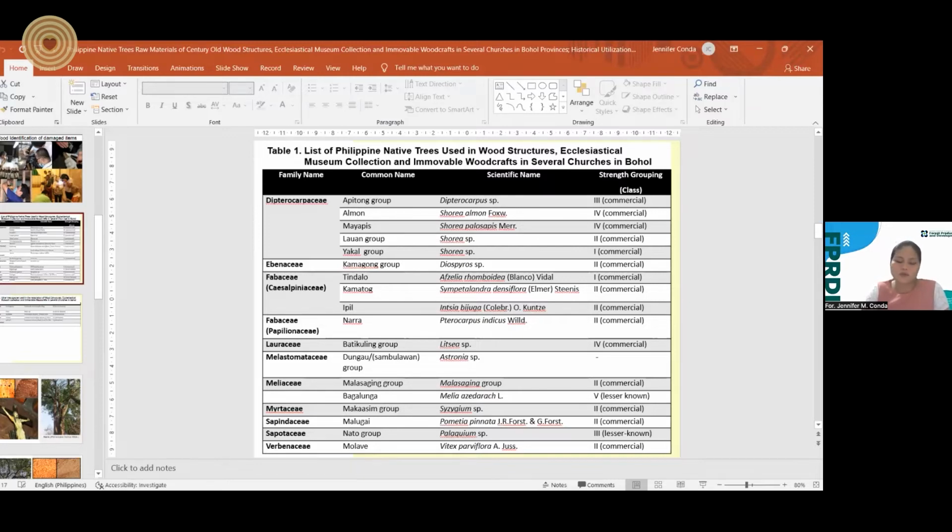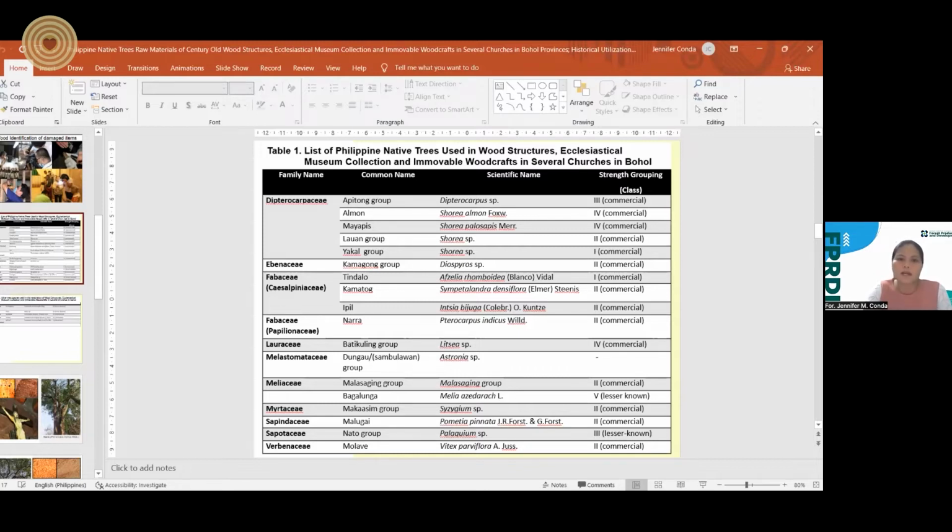The class or grouping is based on the publication of Marina and Bondad way back in 2010, wherein there is a strength grouping of Philippine timbers for various uses. For the wood identification, we used as reference materials the Wood Identification Handbook of Philippine Timbers, Volumes 1 and 2. So after gathering the data, we have here the list.